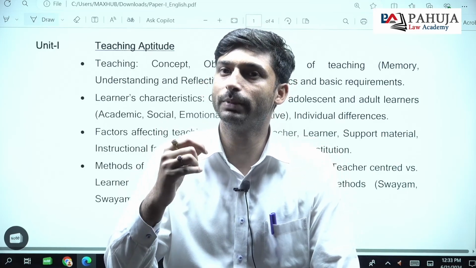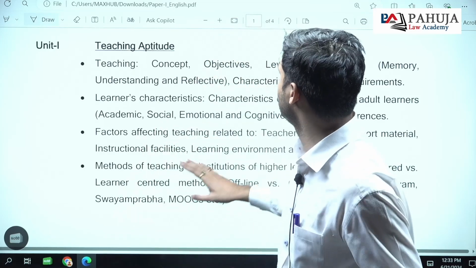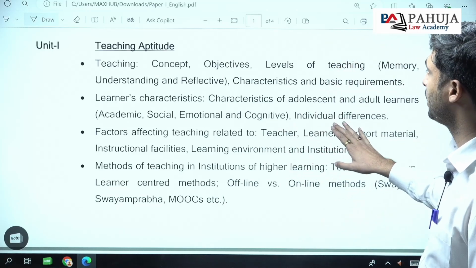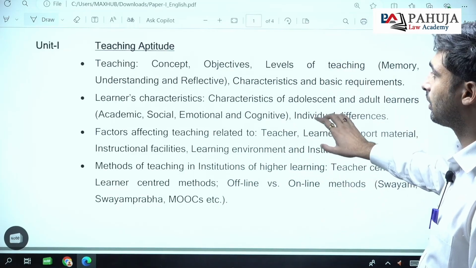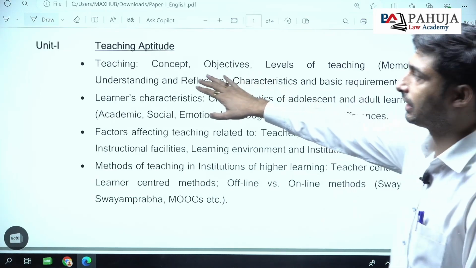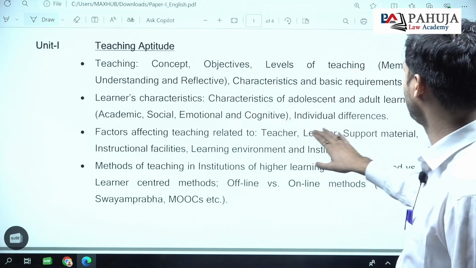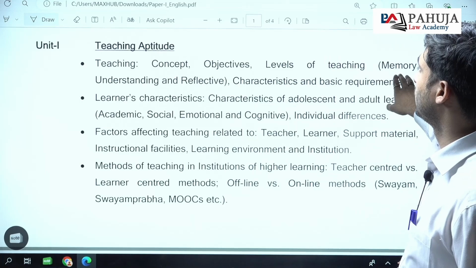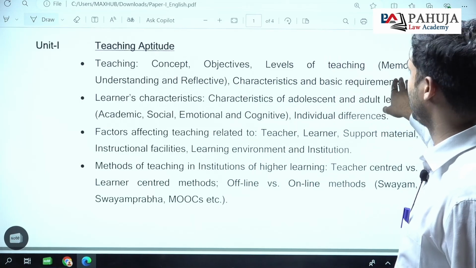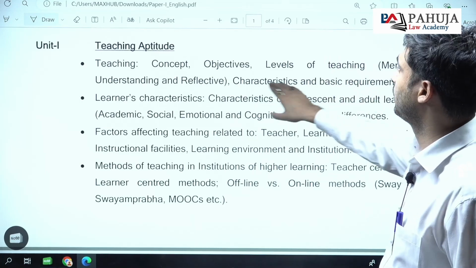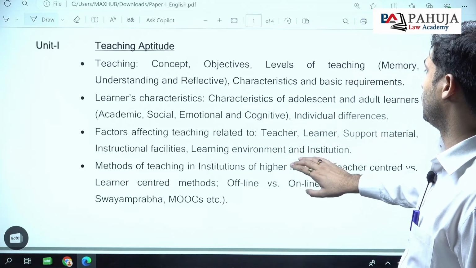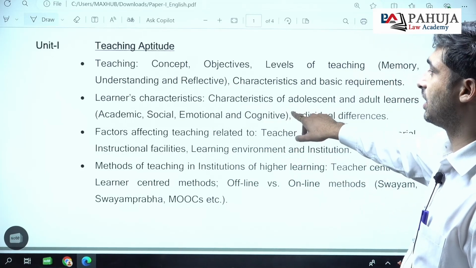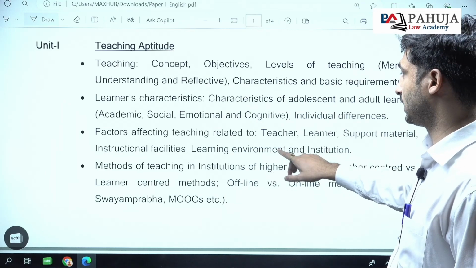Today I will be discussing the syllabus. As reflected on your screen, these are the particular chapters that you will be dealing with in this unit, teaching aptitude. So what are the levels of teaching, like memory, understanding and reflective level, and similarly the learner's characteristics, and factors affecting teaching.